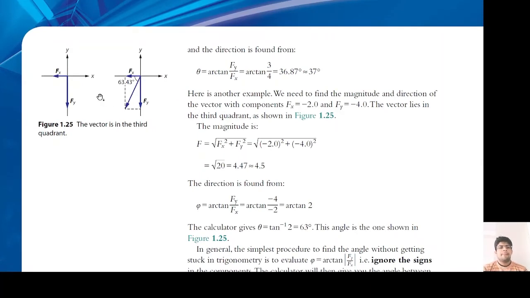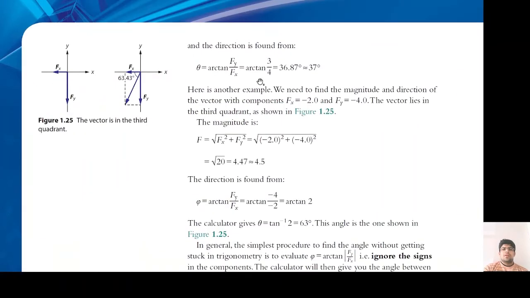The direction is found from theta equals arctan of Fy over Fx, and arctan of 3 over 4 gives 36.87, which is approximately 37 degrees. So Fx is here and Fy is here, and the vector will be here, with this direction and magnitude. It's in the third quadrant.